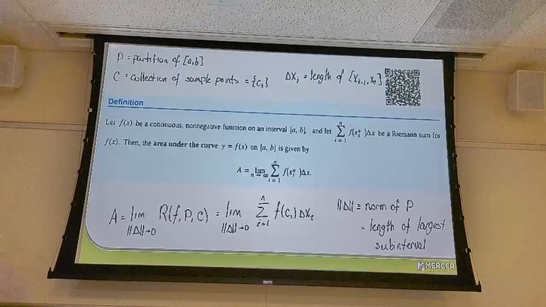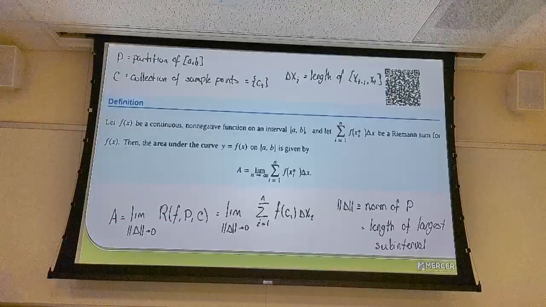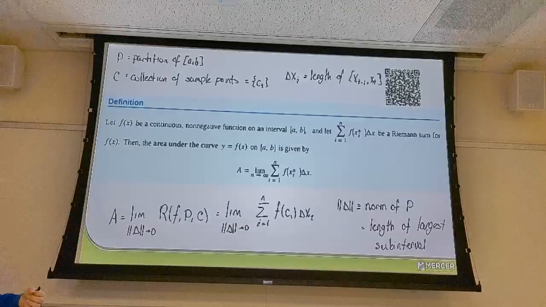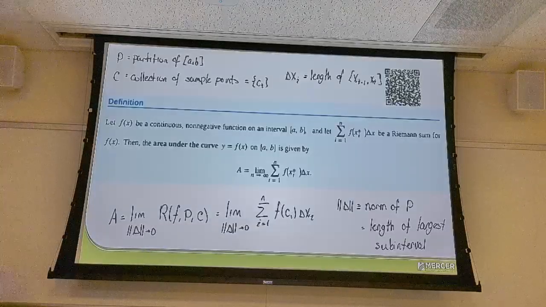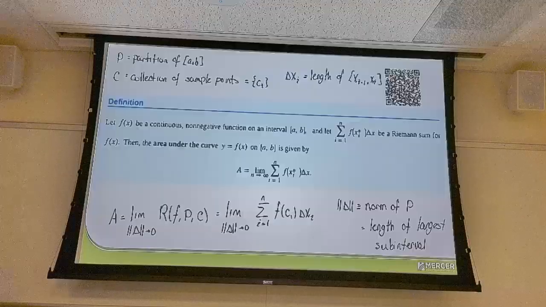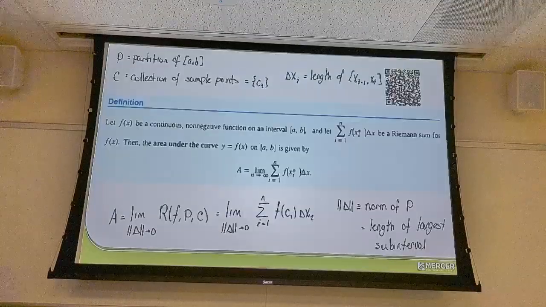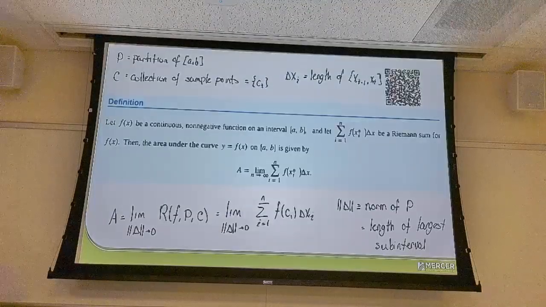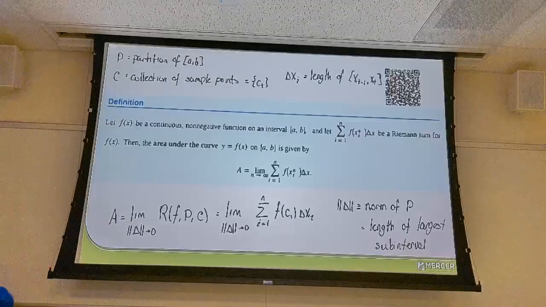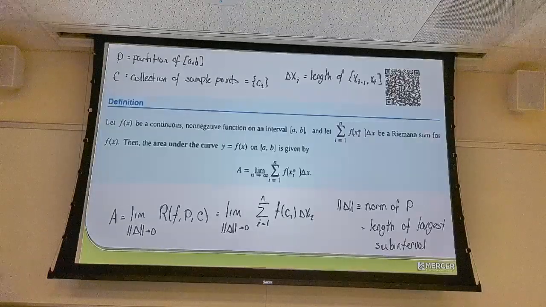Well, instead of letting n go to infinity, what we do is we say the norm of your partition goes to 0. The norm of the partition is just the length of your largest subinterval. So if you let the length of the largest subinterval go to 0, that necessitates the number of subintervals increasing to infinity.